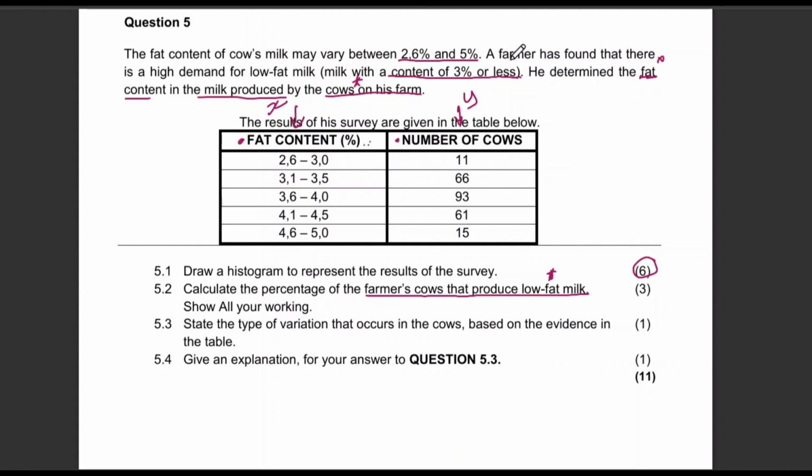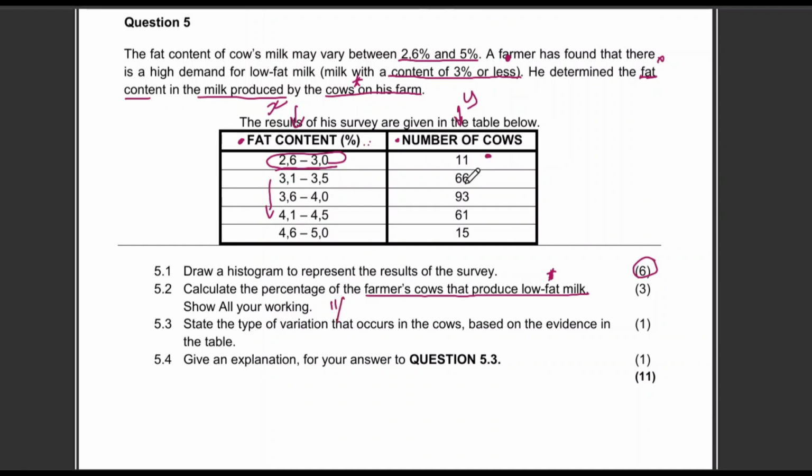They've given you the information here to say low fat milk is the one that produces a content of 3% or less. So 3% or less is this one. And there is 11 cows, because from here on, it's 3.1. So that is more than 3%. Okay, so there's 11 cows that are producing low fat milk.